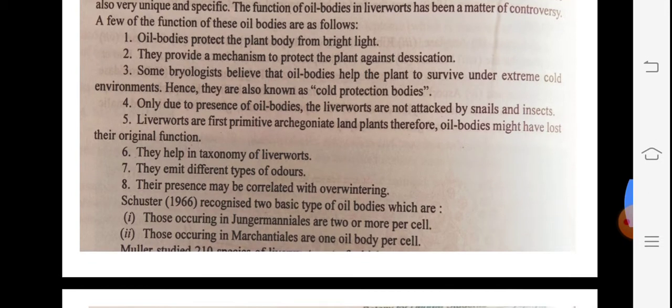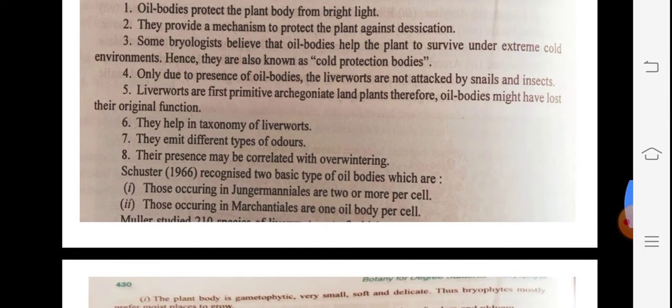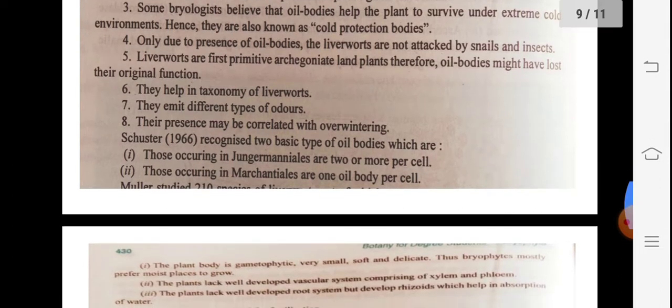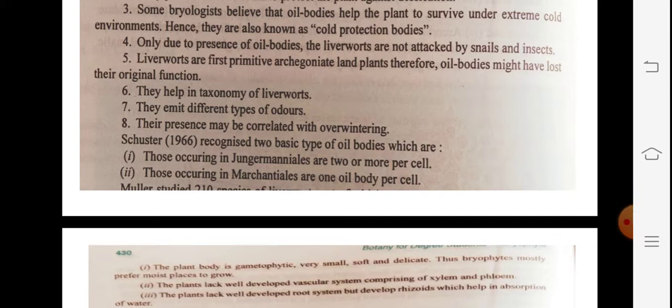Then in liverworts, the primitive archegoniate land plants, oil bodies have lost their original function, and they help in the taxonomic study of liverworts, because oil bodies are important for comparison. Upper part, middle part, and the lower basal portion of the lip lobes are there.